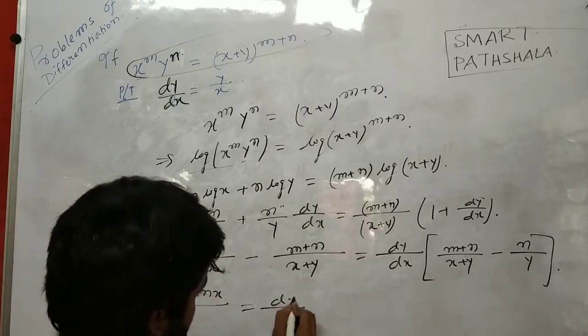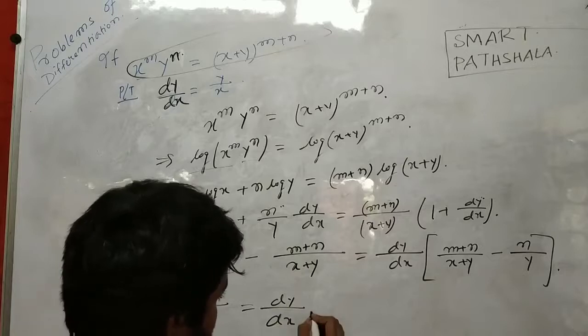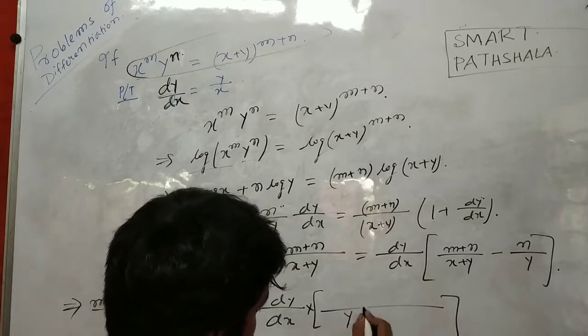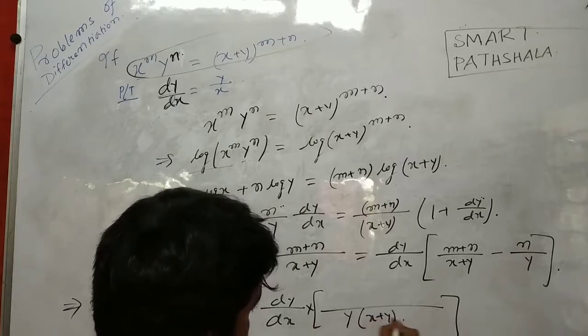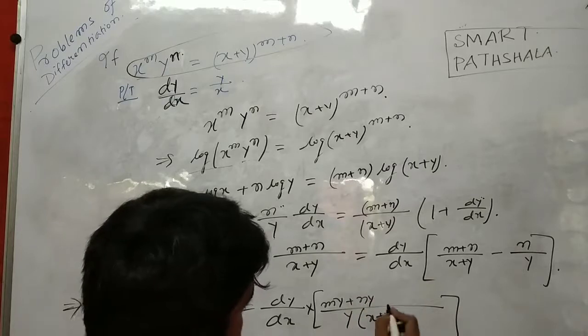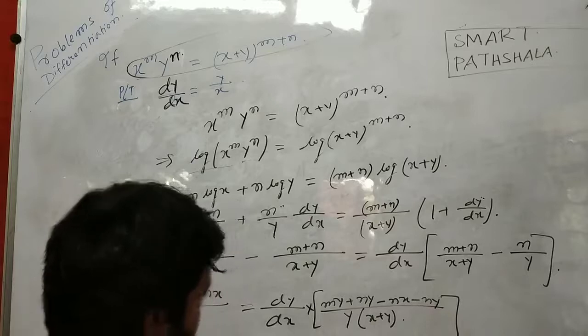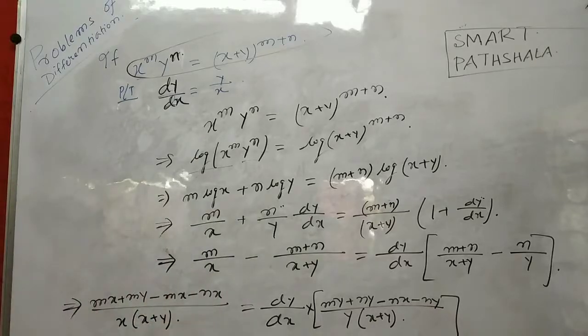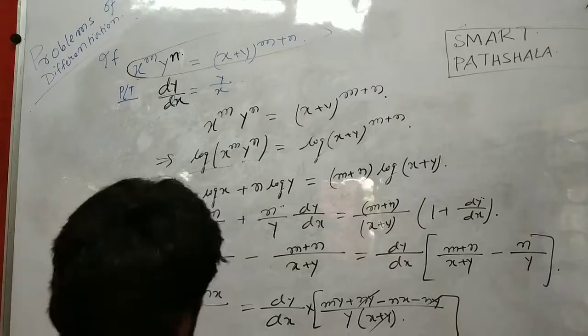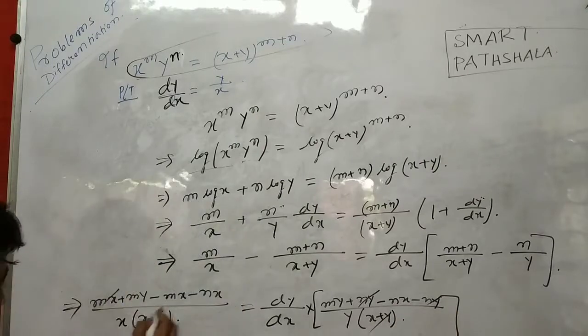So here you have dy/dx is equal to, over y and (x plus y), my plus ny minus nx minus ny. So there are many things going on over here, so just cancel out one by one. Over here you have mx and mx is cancelled out.